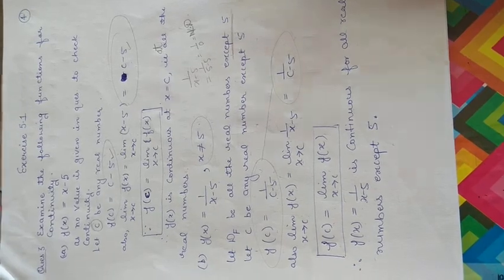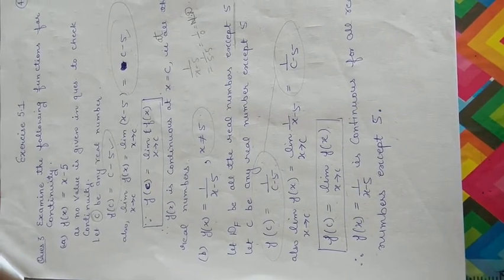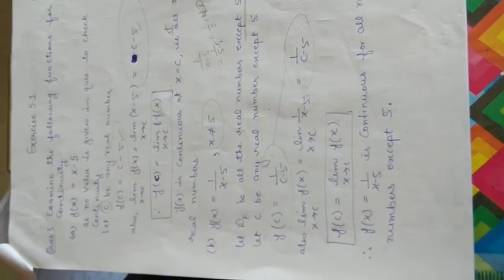So these are the two parts of question number 3 which I have discussed with you till now. Now I will be moving to the third part, that is C part. And what is your C part now? Just have a look over here.